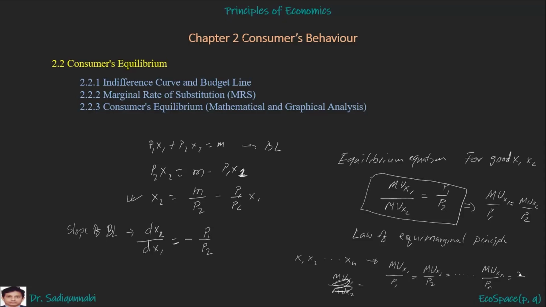It is constant. So this is our final equilibrium equation. Okay, so we finish our mathematical side of the consumer's equilibrium. So this ratio is called the law of equimarginal principle.